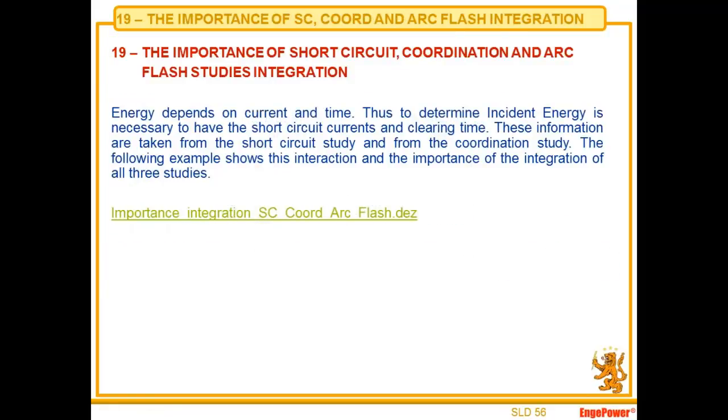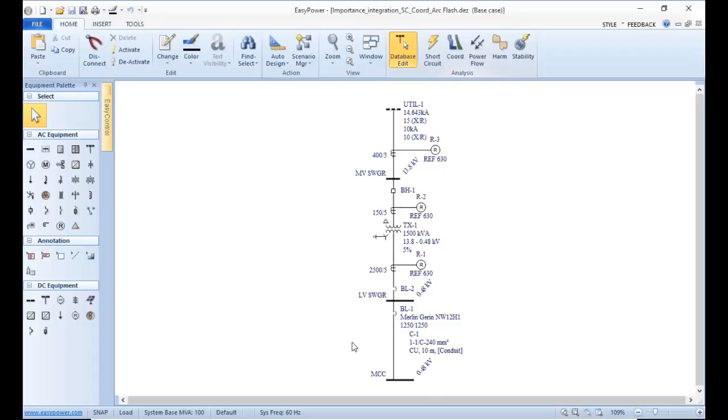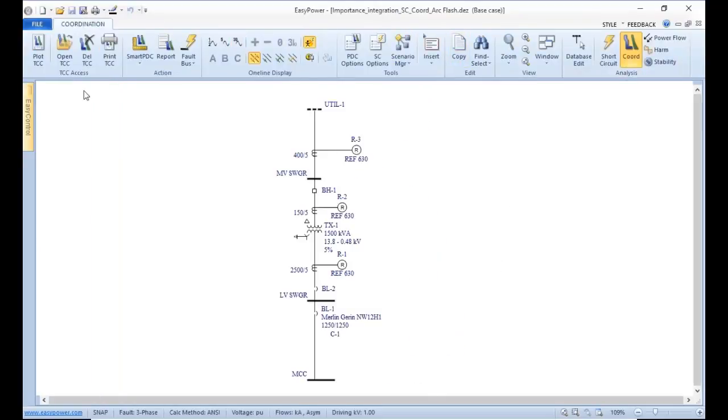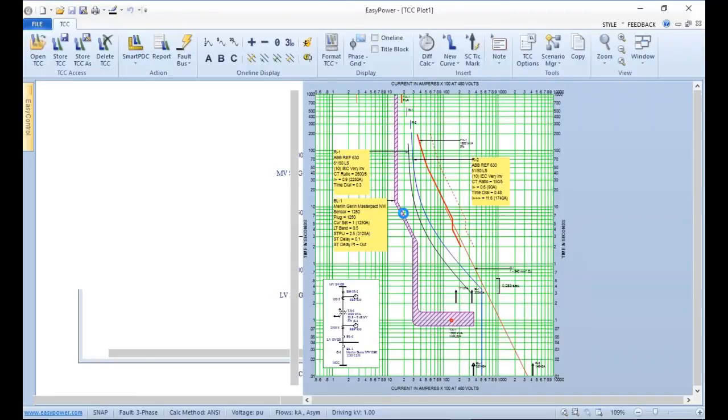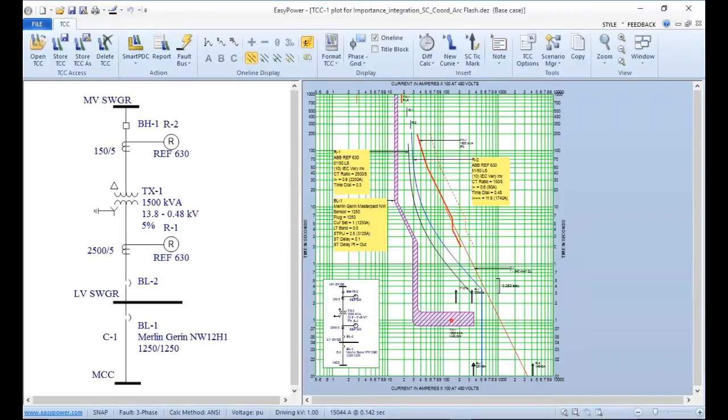Another very interesting thing is the integration of the short circuit study, coordination study, and arc flash studies. Here, if we perform a short circuit study and also a coordination study, if I open my TCC here, we have this protective device curve relative to this breaker.